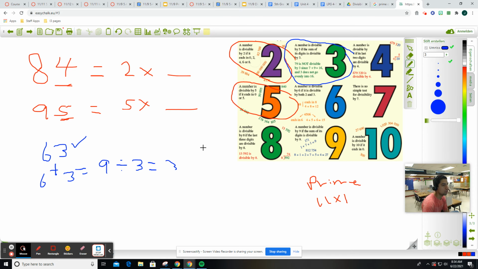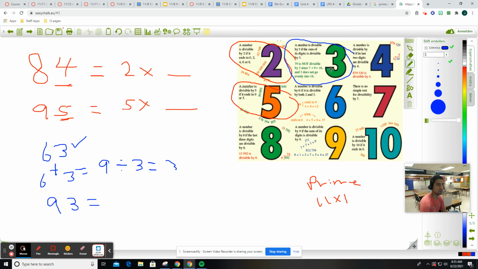Okay. So we can try another example. I don't know, if I had 93, I know that the rule of 2 is not going to work because it doesn't end in 2, 4, 6, 8, right? It doesn't end in 5 or 0, okay.